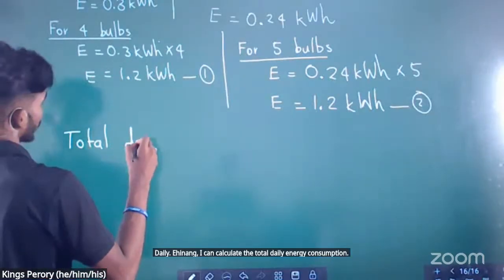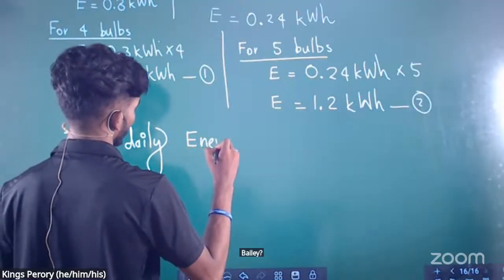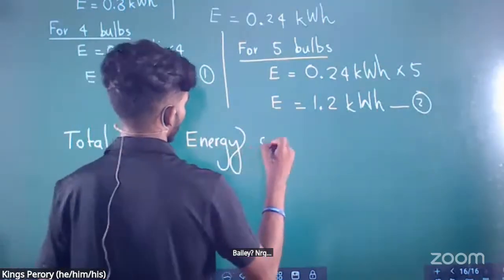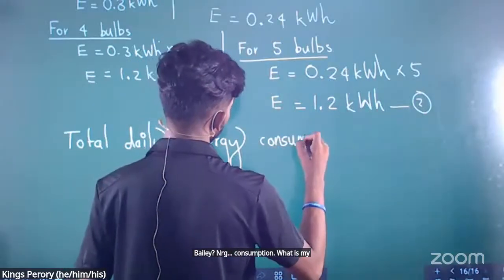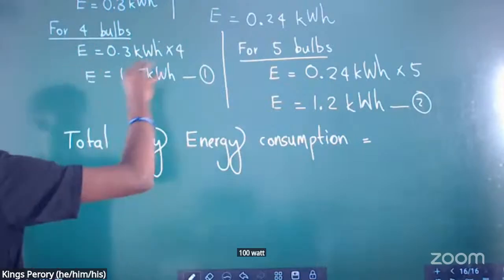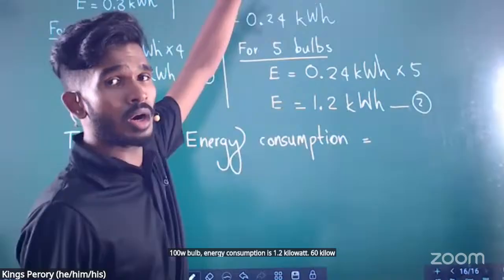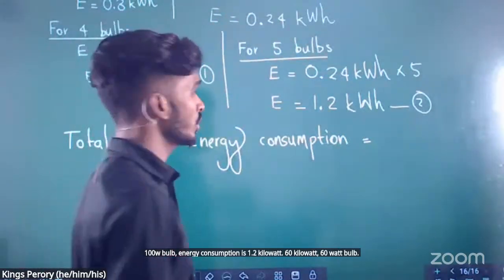The 100 watt bulb energy consumption is 1.2 kilowatt hour, and the 60 watt bulb energy consumption is 1.2 kilowatt hour.